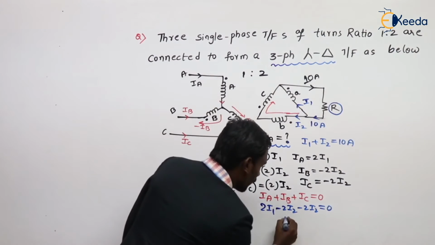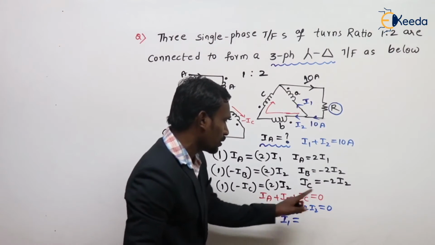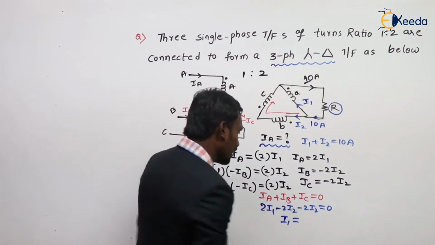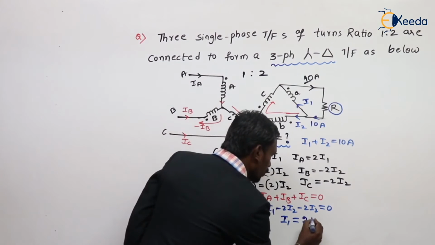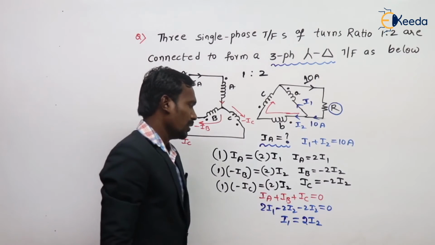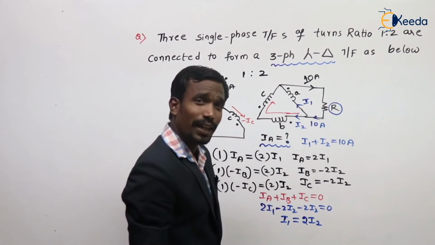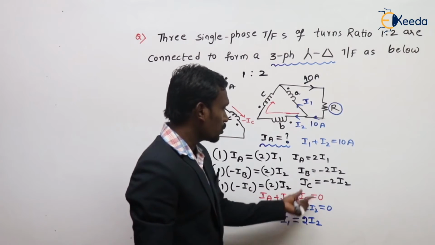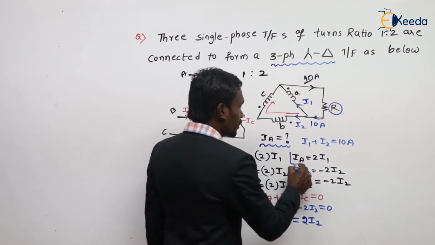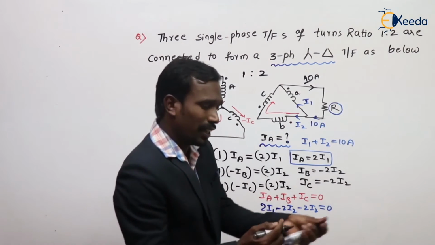From this, if you calculate, 2I1 is equal to 4I2. 2 gets cancelled. So I1 is equal to 2I2. This is the answer. I1 is equal to 2I2. Okay, up to this, I1 is equal to 2I2 and IA is equal to 2I1. Just remember.